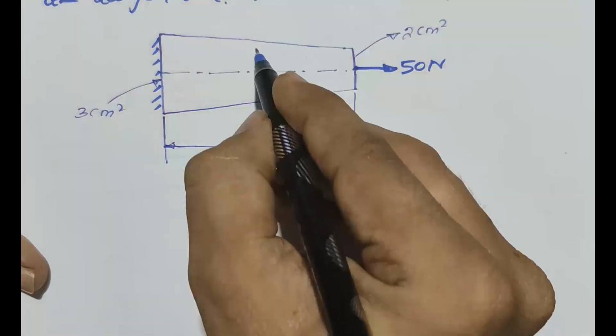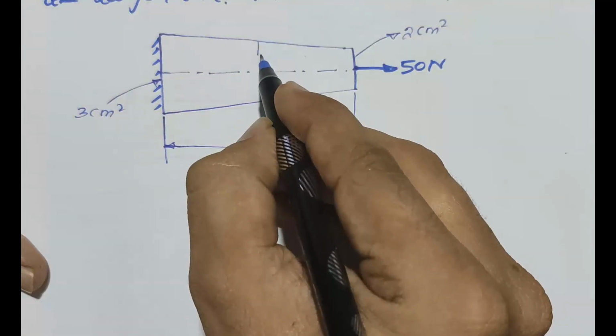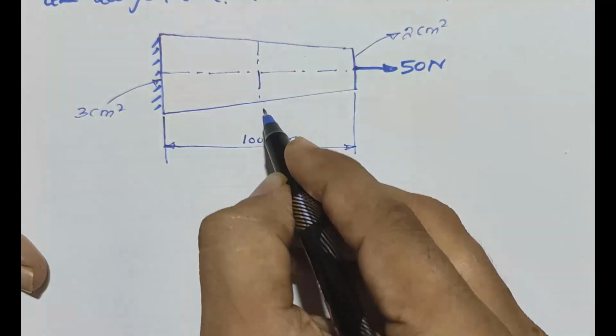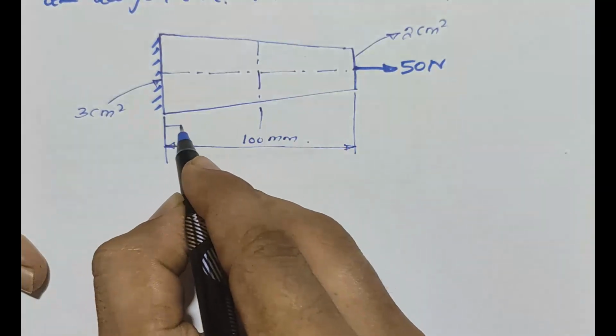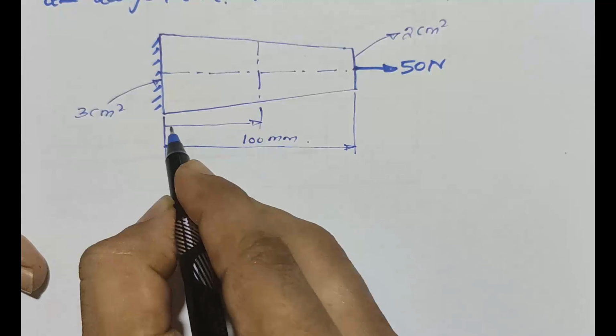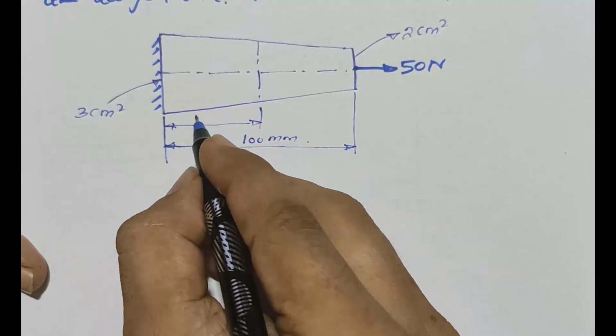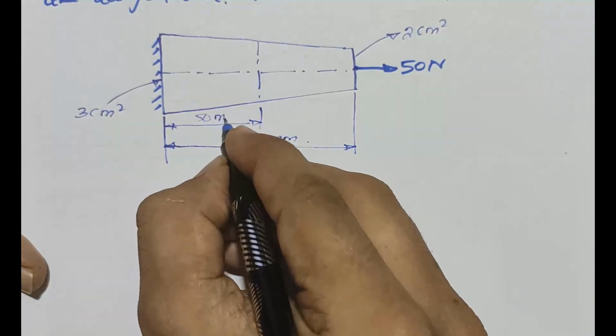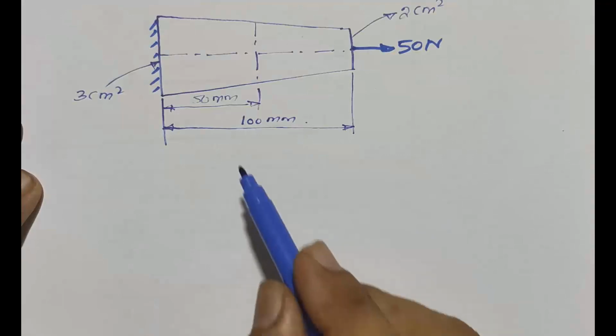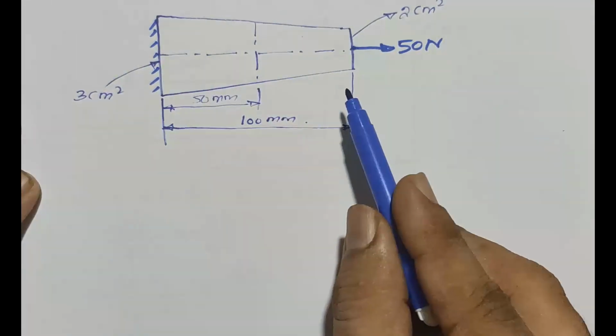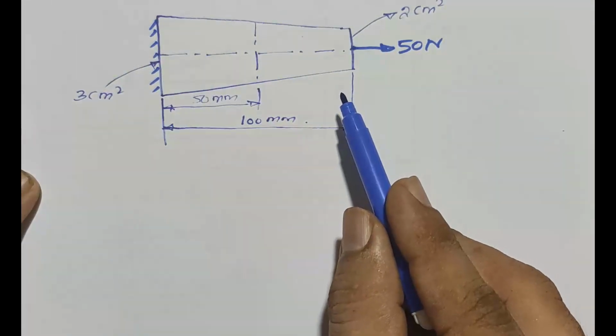Now see here, I will consider the center point. The distance will be 50 mm, 50 mm. See, now I will convert this tapered bar into stepped bar.